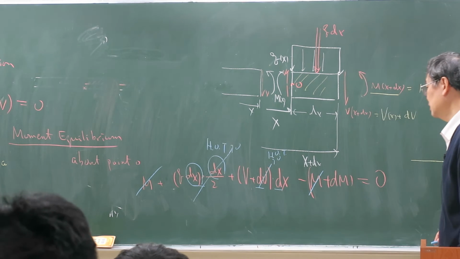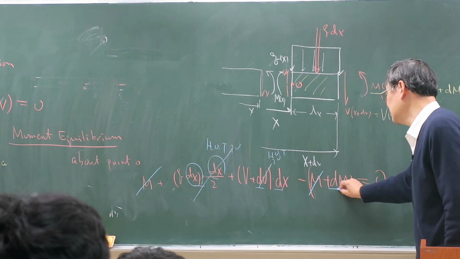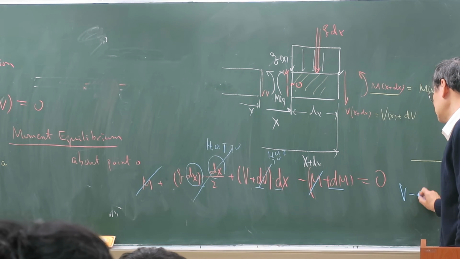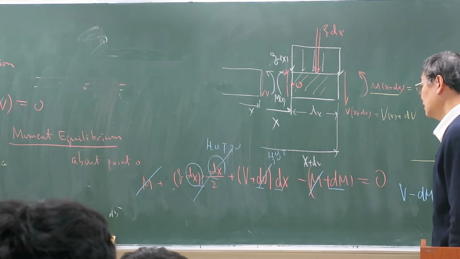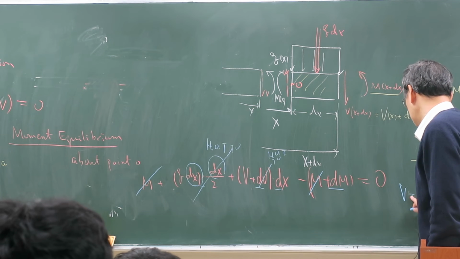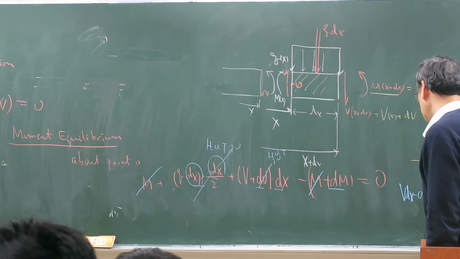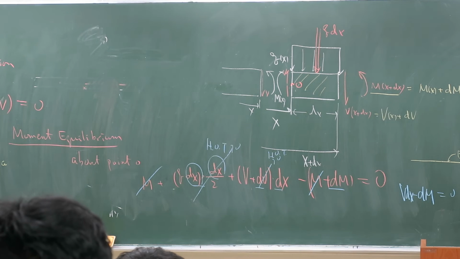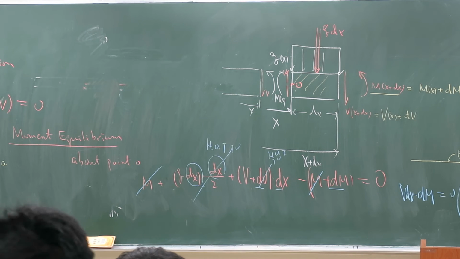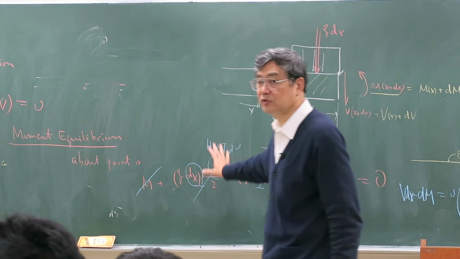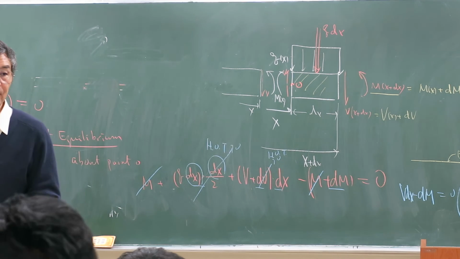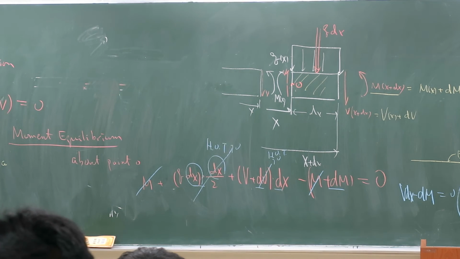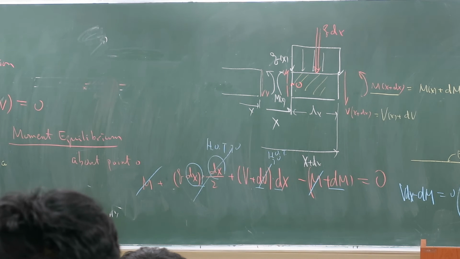So from here we have v minus dm/dx equal to 0. So we have dm/dx equal to shear. So differentiation of the moment diagram about x gives the shear diagram. So we have these two equilibrium equations, and they are very, very fundamental.